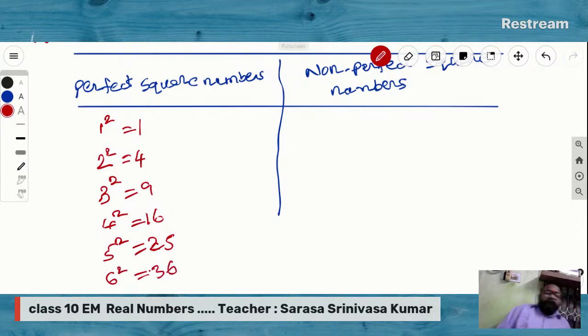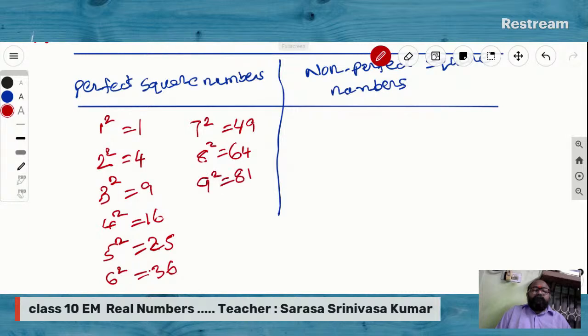All these are examples for perfect square numbers. 7 square equal to 49. 8 square equal to 64. 9 square equal to 81. 10 square equal to 100.